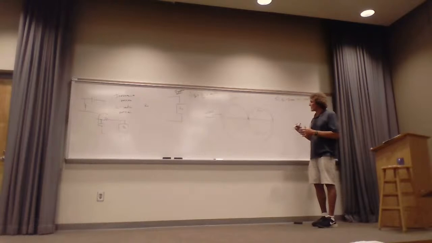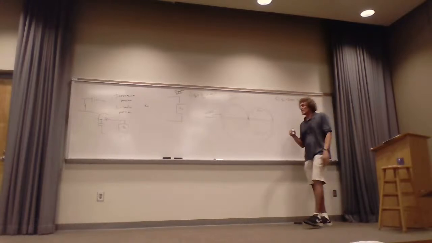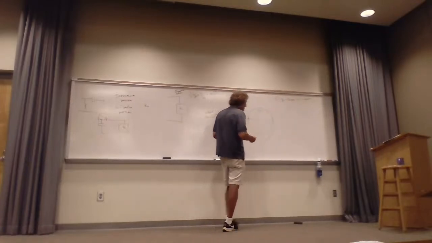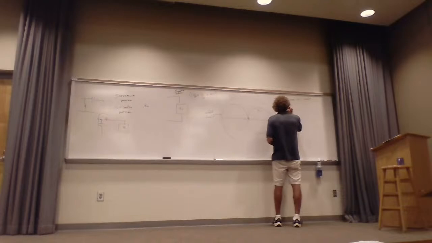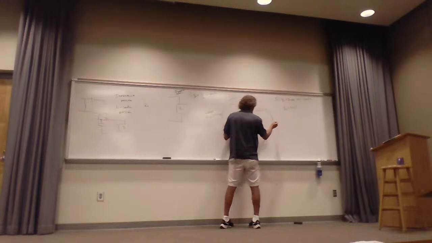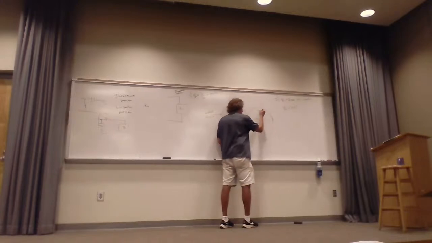Well, if it's inside the R equal one circle, I want you to just work with me on this. Let me pick a value so I can show you. Suppose I just say anywhere inside is good, but I'll make ZL equal to like 2 plus J1. All right, that's the R equal 1. The R equal 2 circle is right here, right?